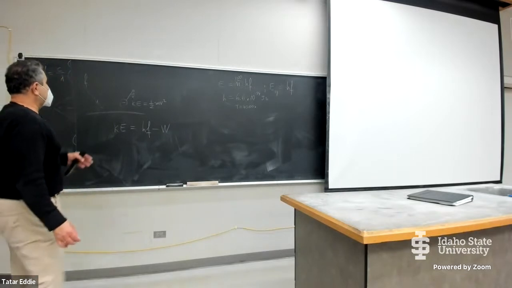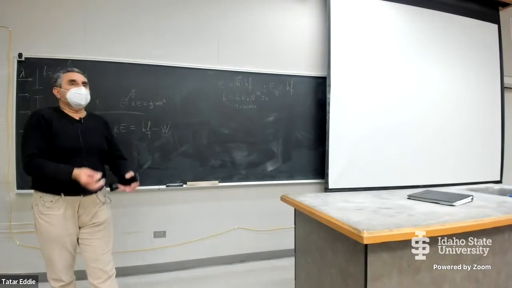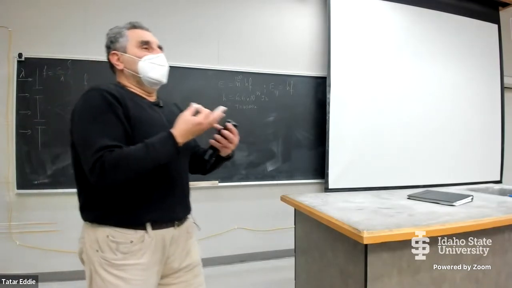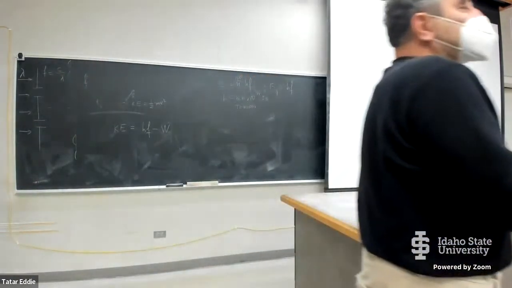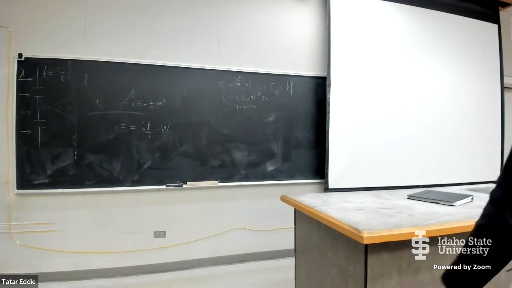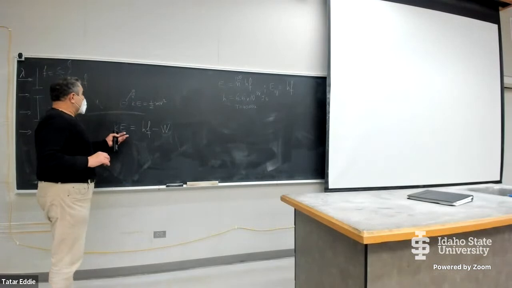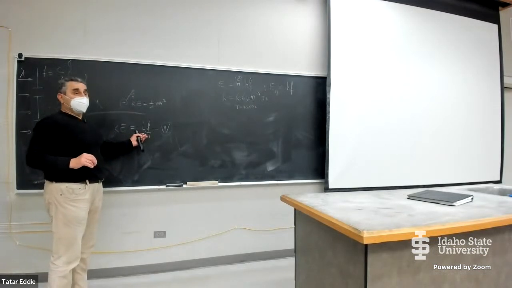So this work function W is the amount of energy needed to free an electron that is already on the surface of the metal, to get it to allow it to move out. So this simple formula tells you that there is a cutoff frequency.